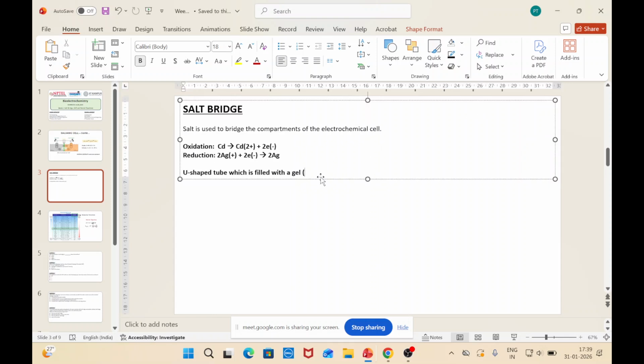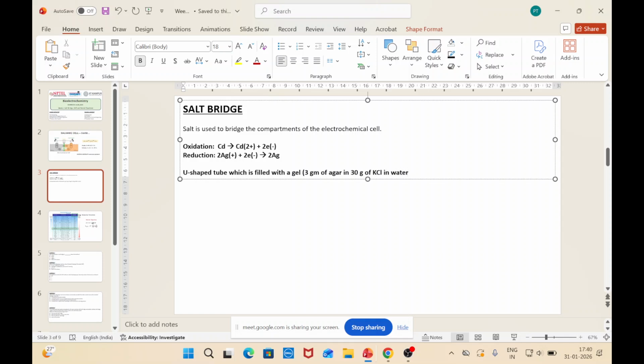So it is 3 gram of agar in 30 gram of KCl in water.